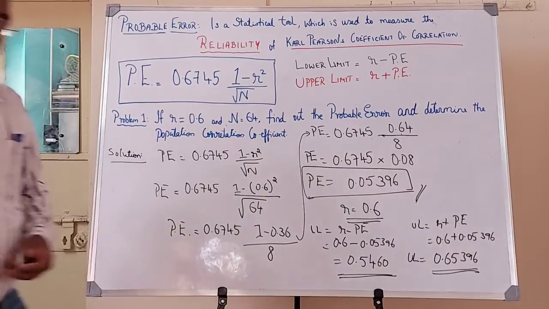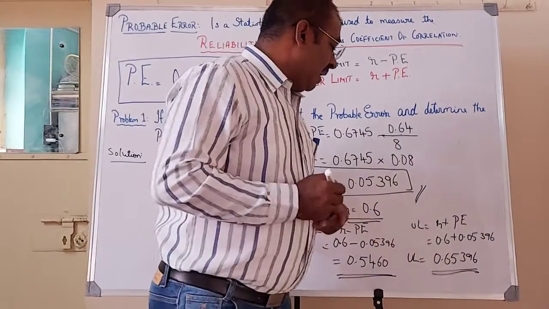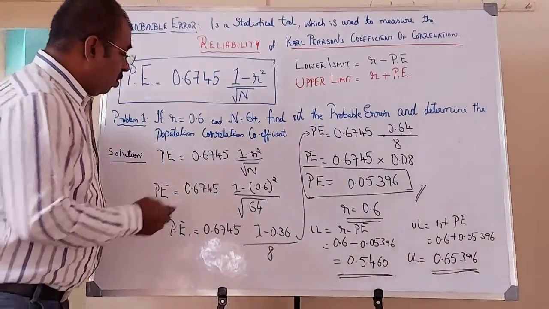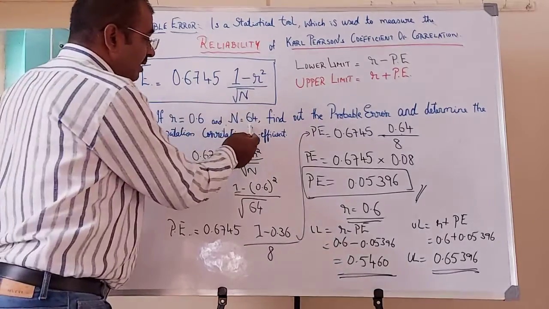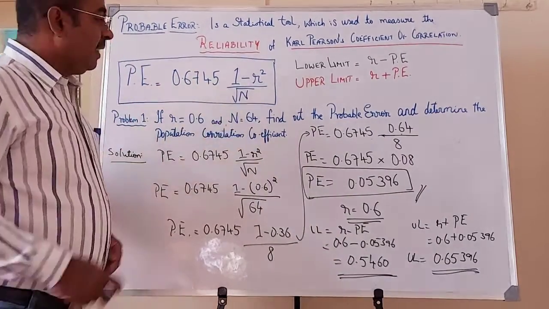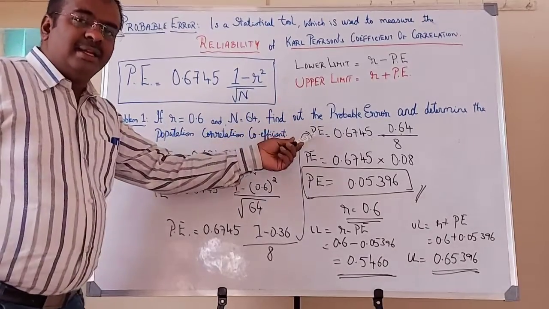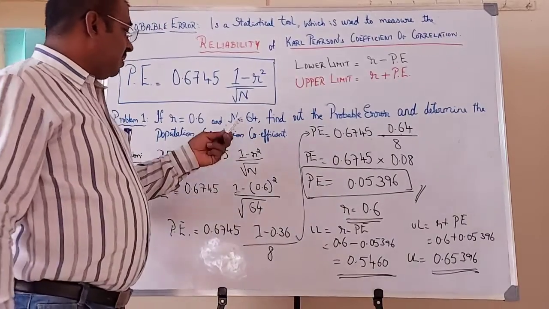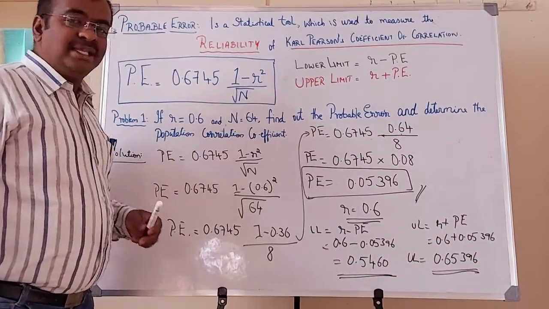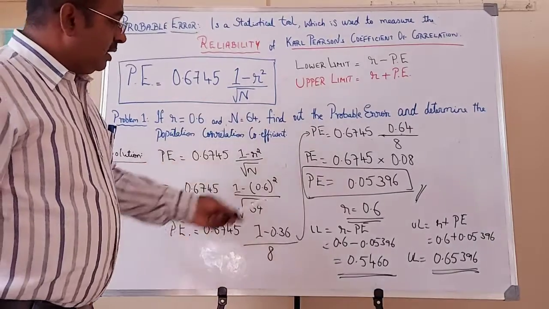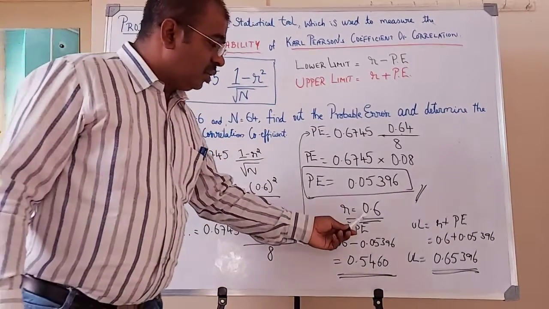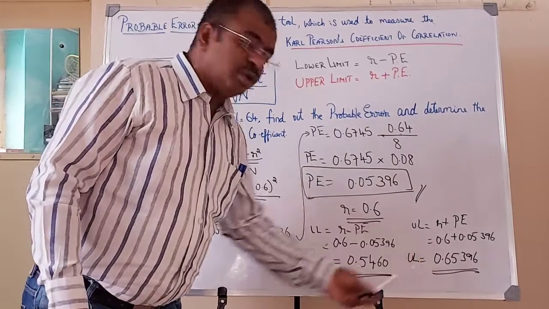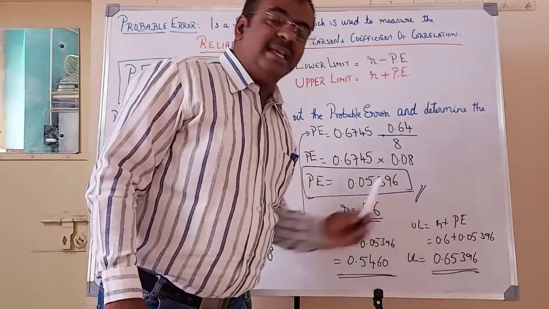So now what do these lower limit and upper limit indicate? As we know here, the correlation is 0.6 and the sample size was 64. Now if we conduct another test and pick samples at random with the same sample size and the same universe, the correlation should lie between 0.5460 and it should not exceed 0.6539.